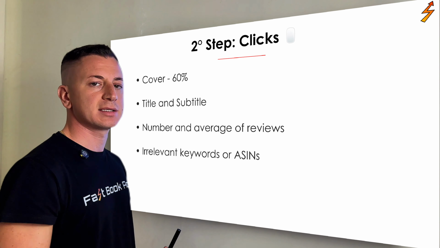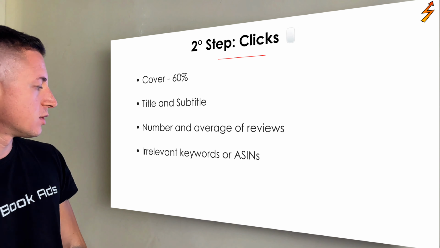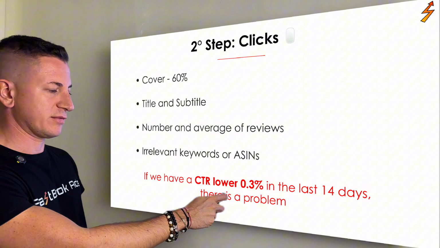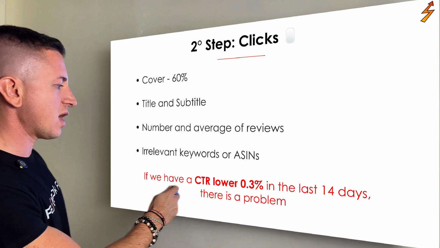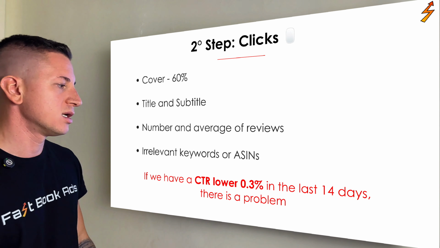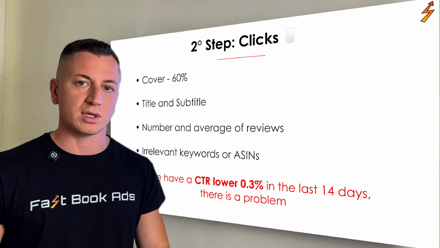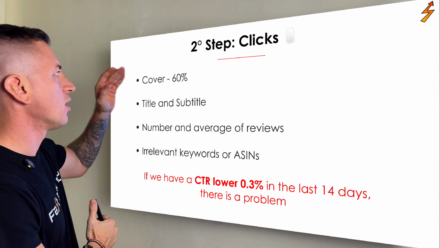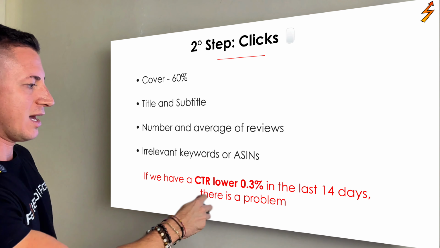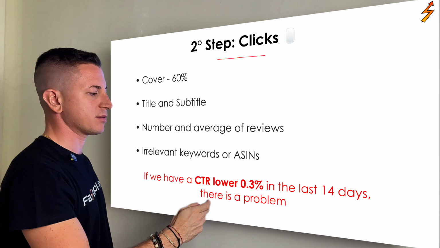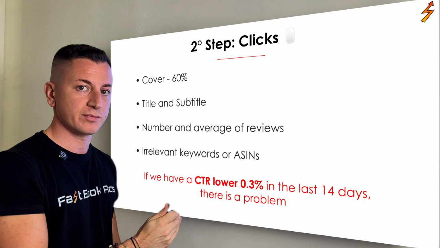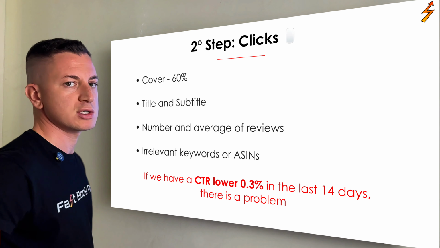And how many clicks do we need to generate? We need to have a CTR of 0.3%. If we have a CTR lower than 0.3% in the last 14 days, there is a problem with our book, most probably with our cover. But we need to check everything. For example, if we have a CTR of 0.1, 0.2 or lower, for sure you have to change your cover.